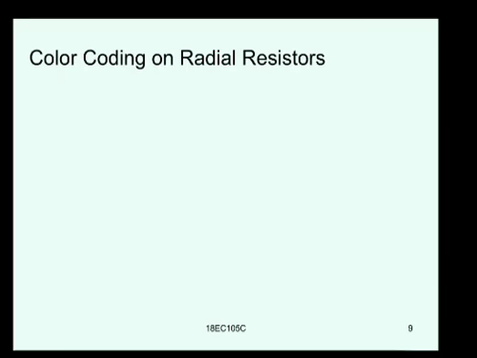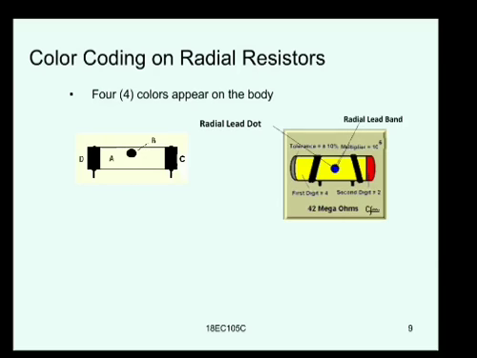Color coding on the radial resistors. There will be 4 colors appearing on the body of the resistor, like this. A is the body color, B is the dot color, C is the color at the right side and D is on the left side.